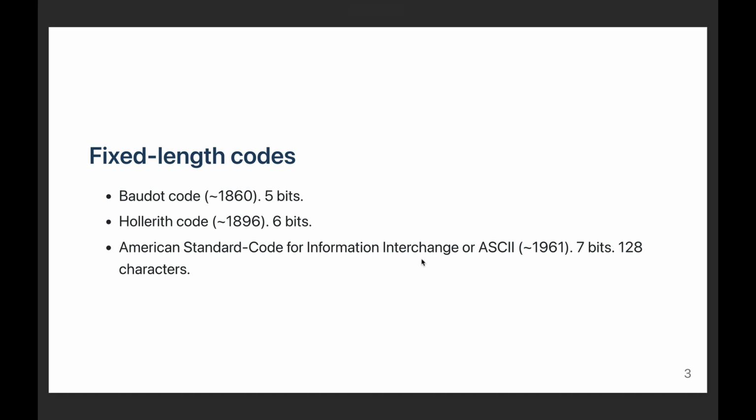For example, we had Baudot code that used 5-bit words, Ullrich code with 6-bit words, and more recently the American Standard Code for Information Interchange, or ASCII code, that uses 7-bit words. With 7 bits, ASCII can represent up to 128 characters.